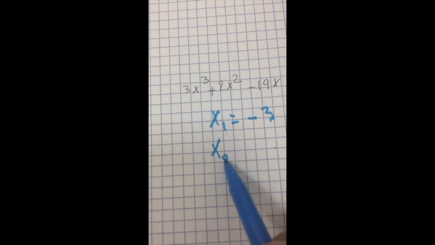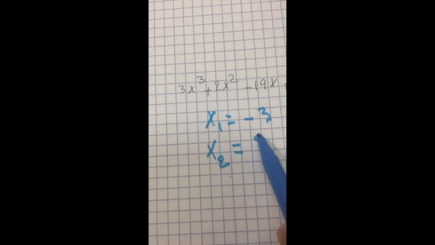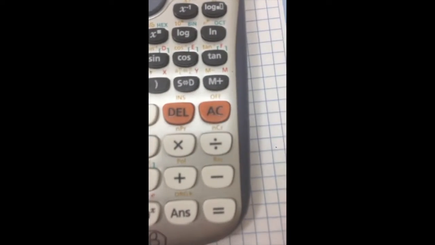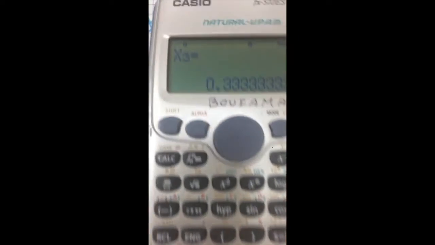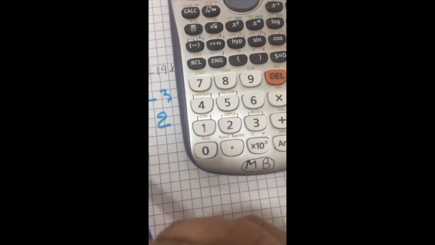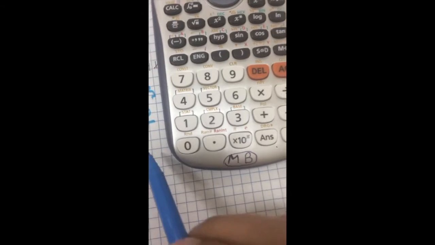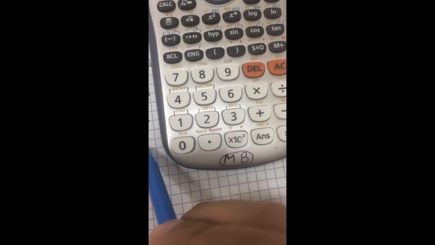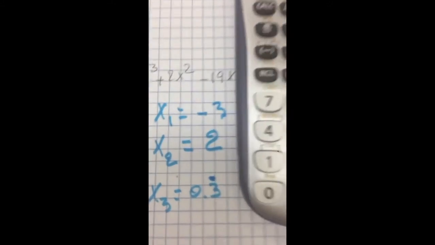Second solution equals 2. And the third solution for the cubic equation is 0.3 recurring. So x3 equals 0.3 recurring. It's notation for recurring, 0.3 and a dot on top.